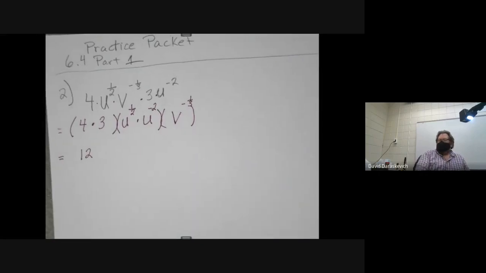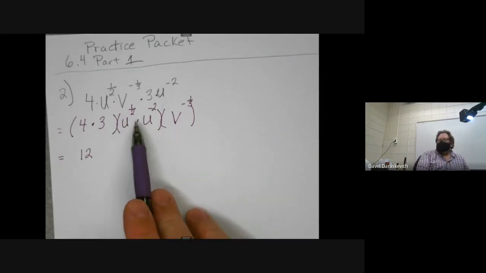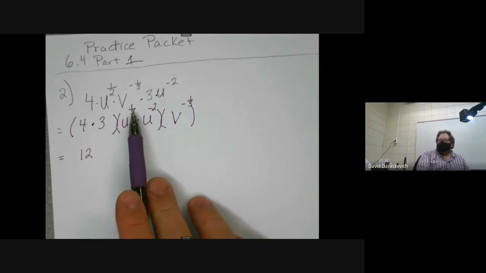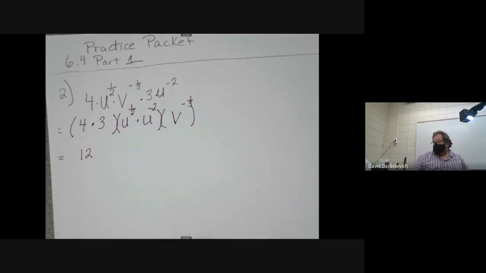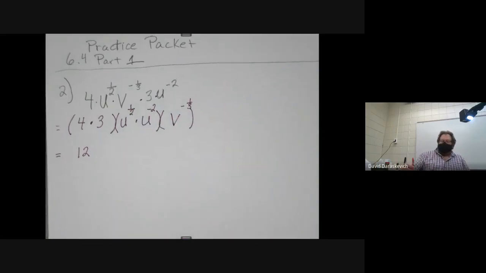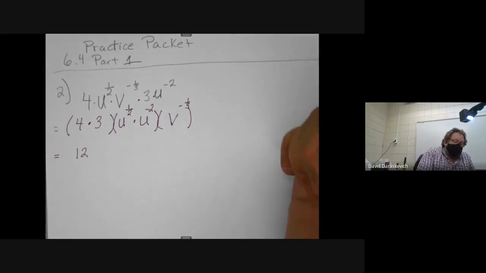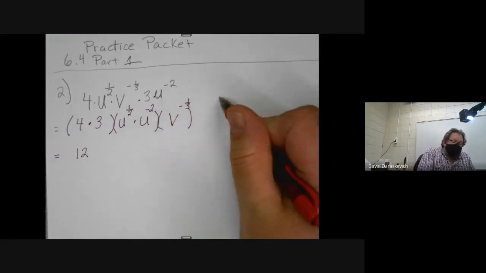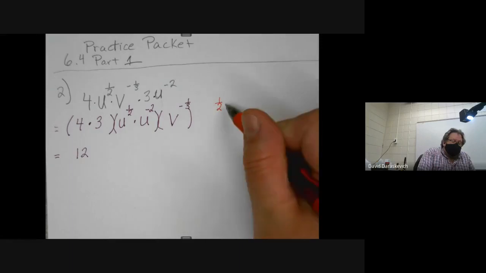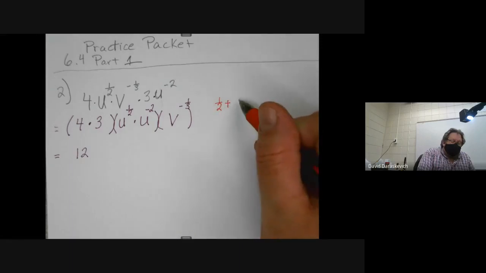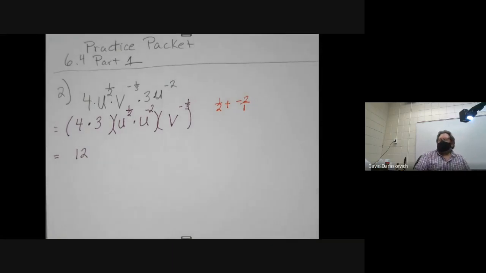Now the u's, we're multiplying with the same base, so we have to add the exponents, right? But I'm going to do it off to the side here. I'm going to add 1/2 and negative 2. Now I'm going to put that negative 2 in a fraction because we're dealing with fractions here.